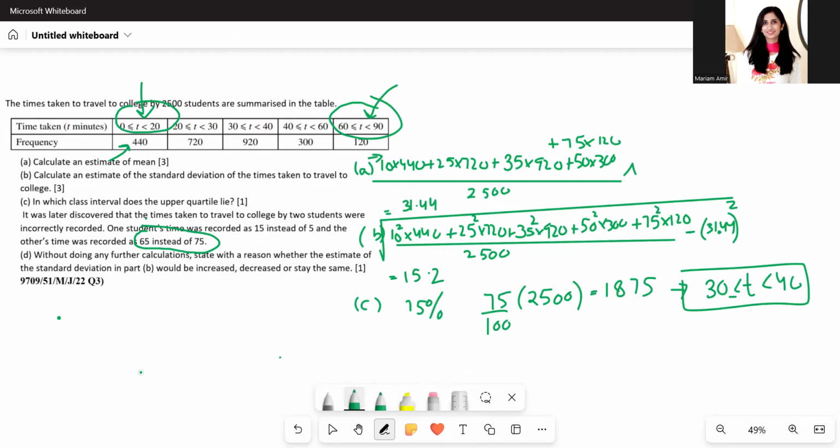Without doing any further calculations, state with a reason whether the estimate of standard deviation in part B would be increased, decreased, or stay the same. So nothing is going to change.